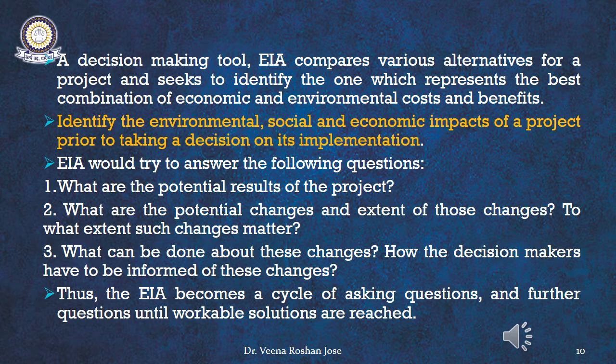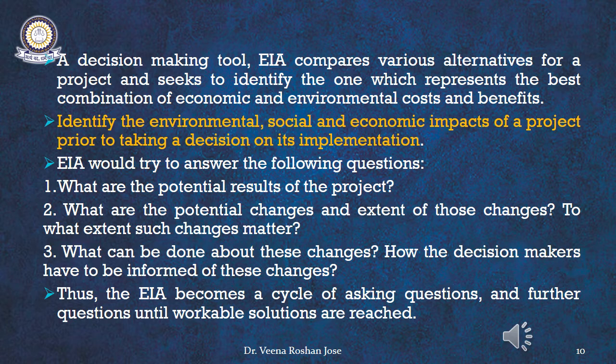Firstly, what are the potential results of the project? Say, for example, we are planning to initiate a project. What would be the result of this project? And what are the potential changes and the extent of those changes? So if any changes are to be implemented, to what extent can those changes be made? And thirdly, what can be done about these changes?